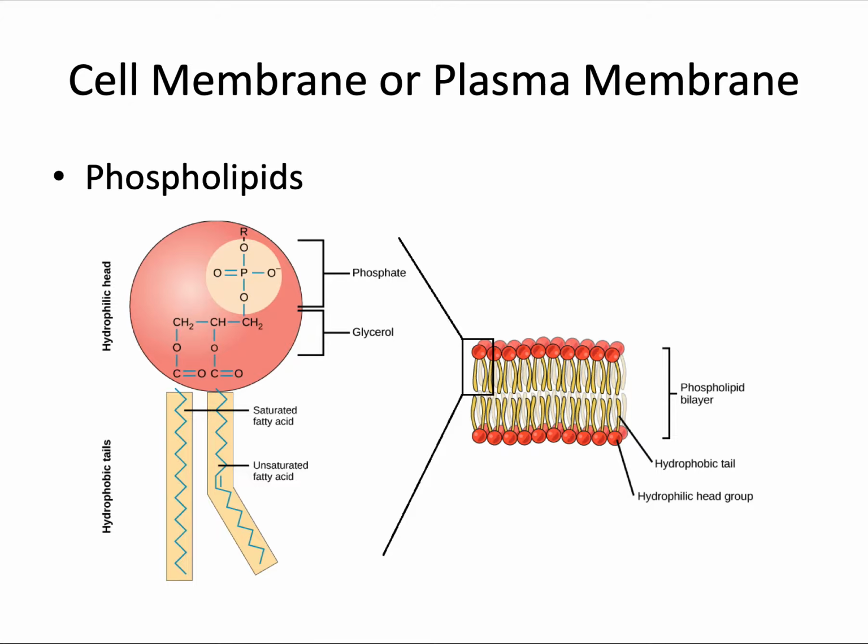The cell membrane is made up of a phospholipid bilayer. A phospholipid is composed of phosphates, glycerol, and fatty acids. The fatty acid component is described as hydrophobic because it doesn't easily interact with polar substances such as water, because oil and water don't really mix that well.